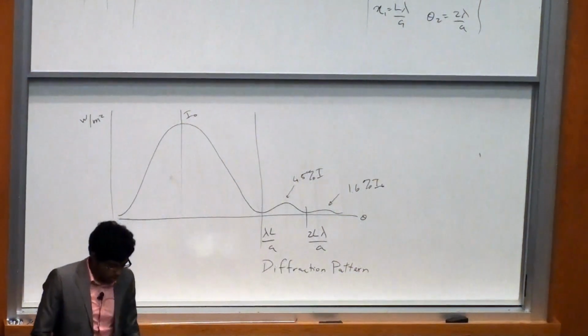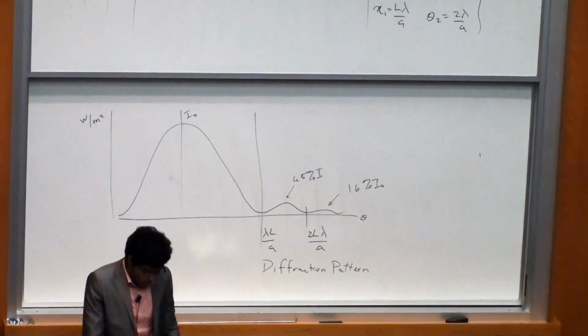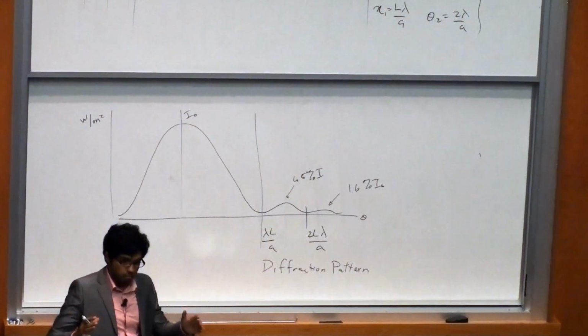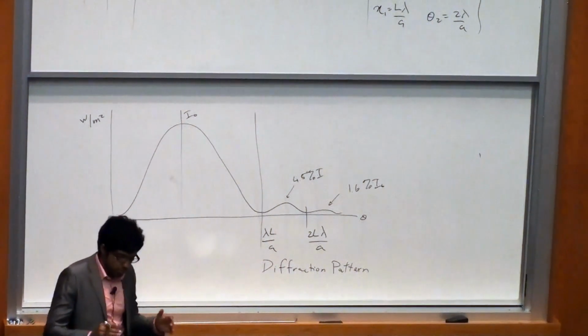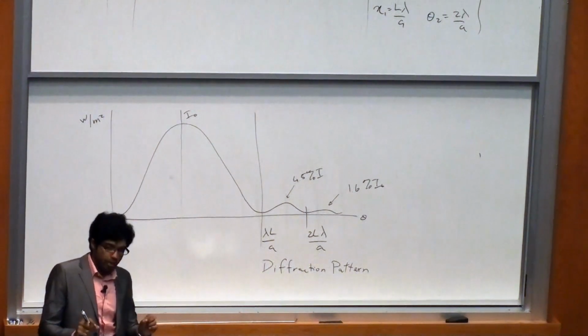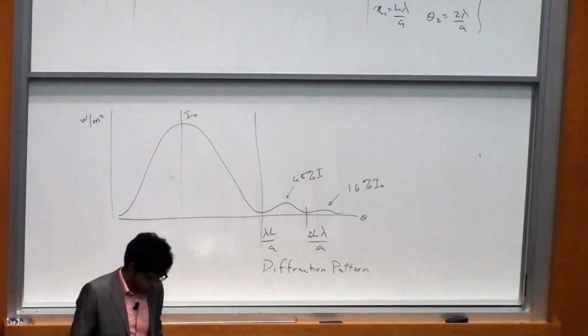When you look at a diffraction pattern like this, you'll see a very broad central maximum, and then from that point on, you'll see dark spots on either side, and very faint lights in between those.